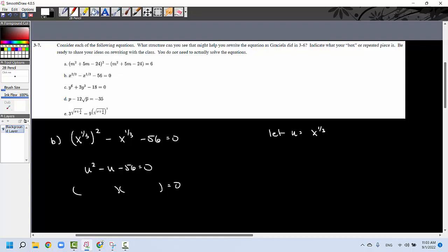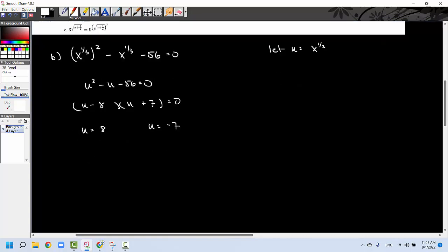So u minus 8, u plus 7. So u equals 8 and u equals -7. But again, we weren't solving for u the whole time. We were solving for x. So now I have to replace this: x to the 1/3 equals 8, and x to the 1/3 equals -7.